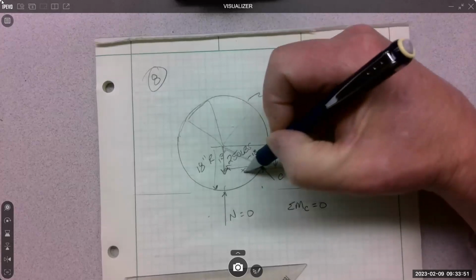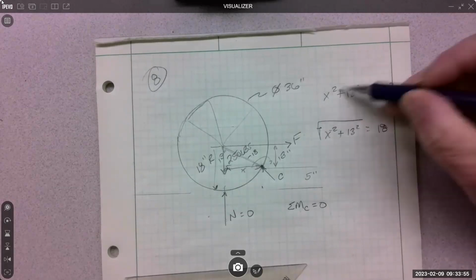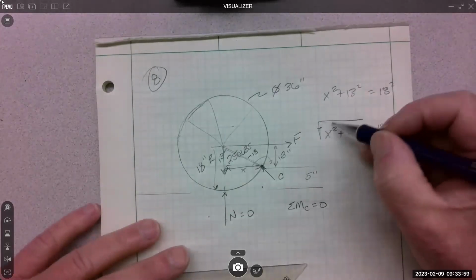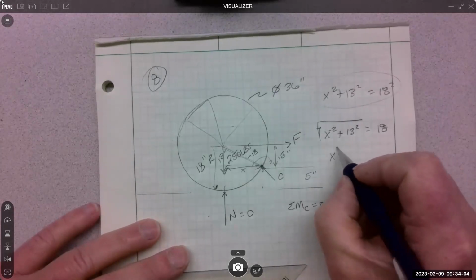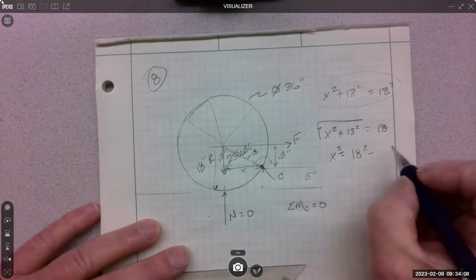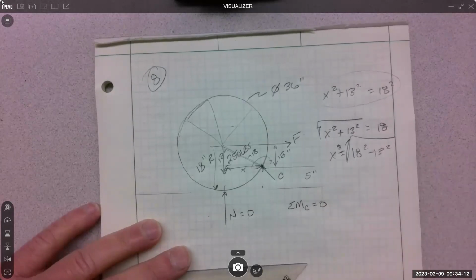So this squared plus this squared equals this. So I just moved this over. So now, that was probably the wrong move. I probably want to go with this, don't I? And say, oh, x squared equals 18 squared minus 13 squared. And then I can get rid of that and square root it. All right, so that's how to do it.